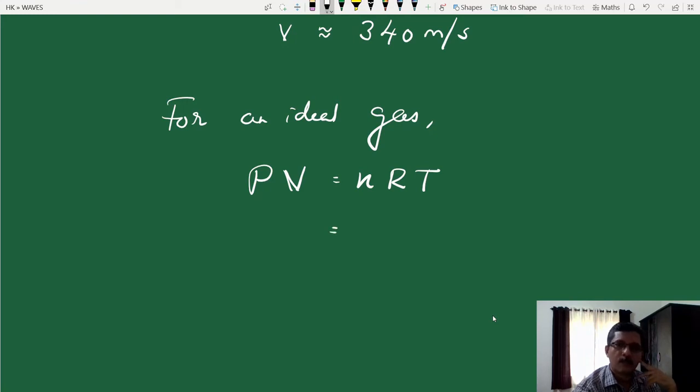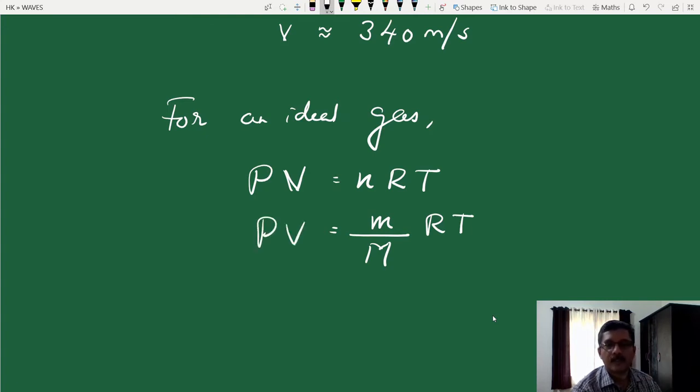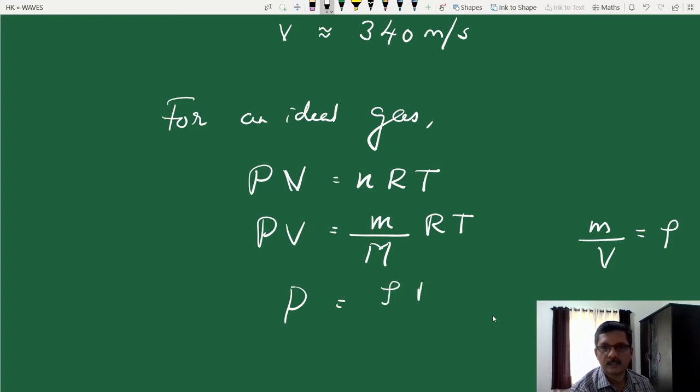This number of moles you can rewrite as total mass divided by molecular mass, where small m is the total mass and capital M is the molecular mass. Now if I take the volume from the left side to the right side, total mass by volume is the density. So I can write pressure equal to density times RT divided by M.